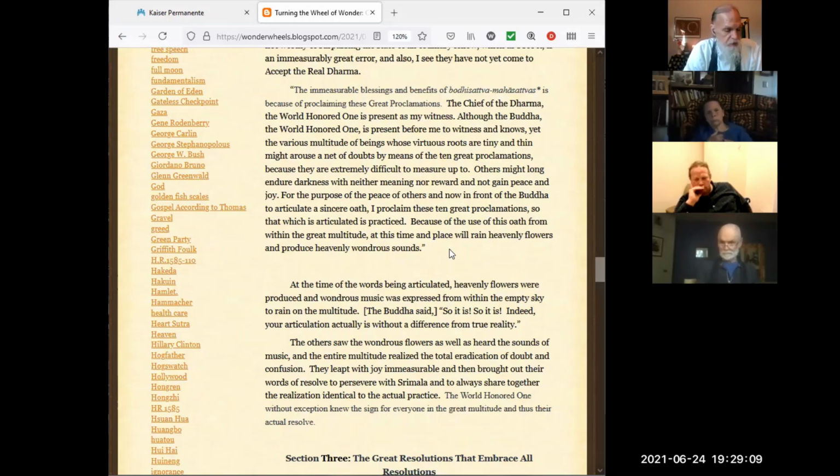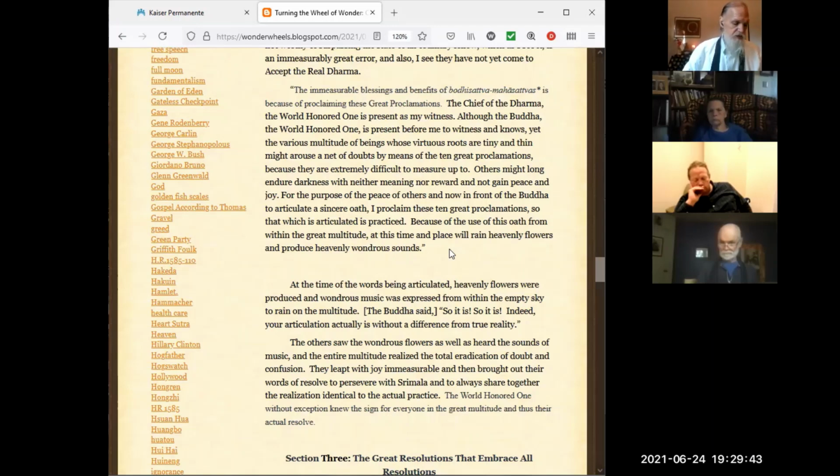I don't know how much that comes from just Tibetan Buddhism, or how much it was in Indian Tantric Buddhism. But it definitely is something that comes up after the Ratnakuta translation, because Chang, using the Ratnakuta translation of Bodhiruchi, has make this sincere declaration, which I have as to articulate a sincere oath.